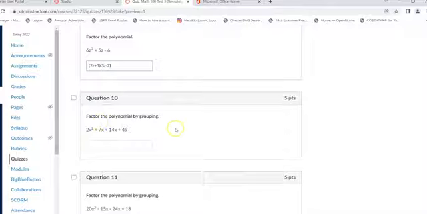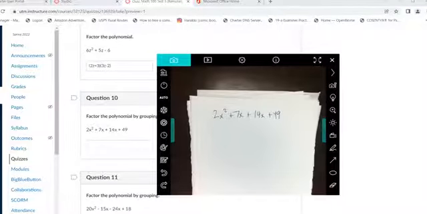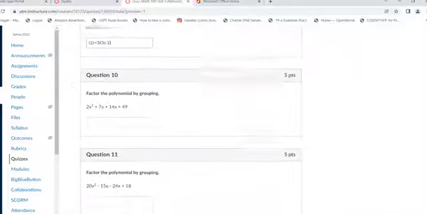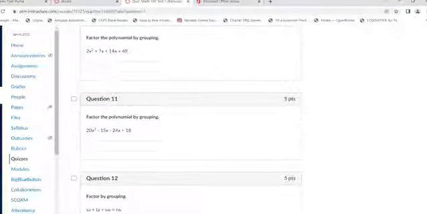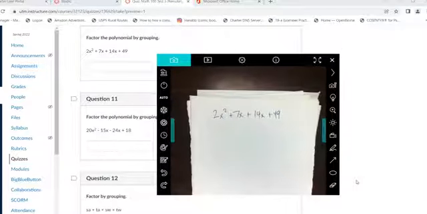Factor this one by grouping. Okay. Do that. So I'm going to write that. Okay. Let me move that up. Okay. All right.